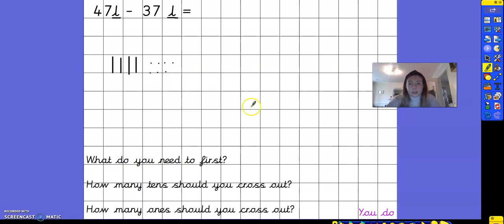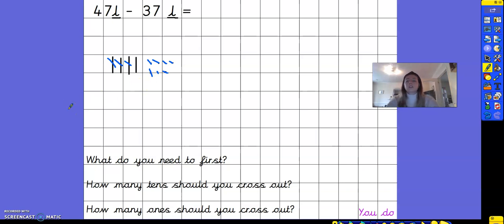Then I'm going to cross out 7 1s. 1, 2, 3, 4, 5, 6, 7. And then I'm going to cross out 3 10s.